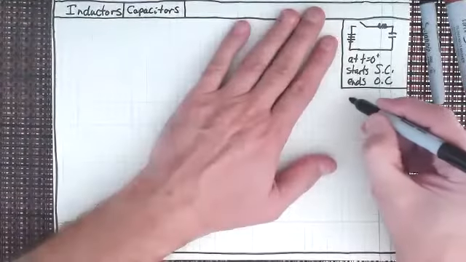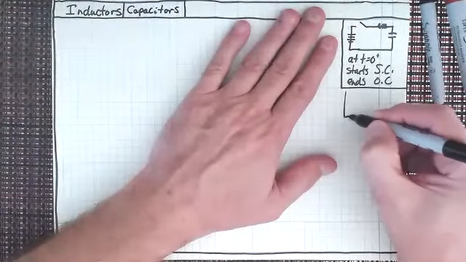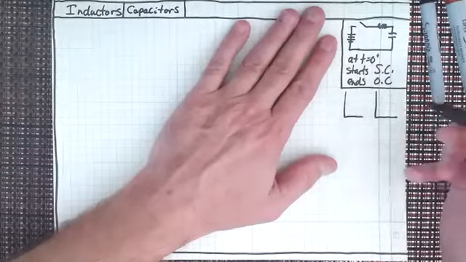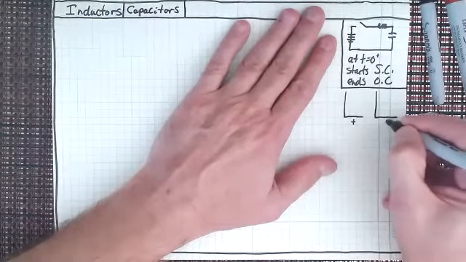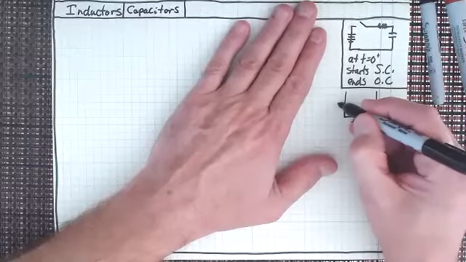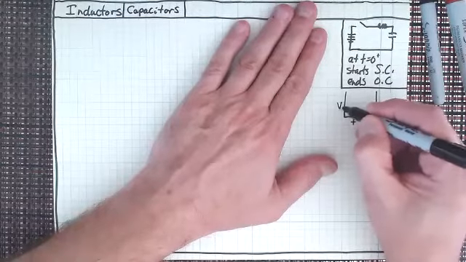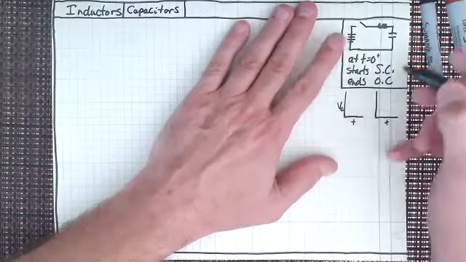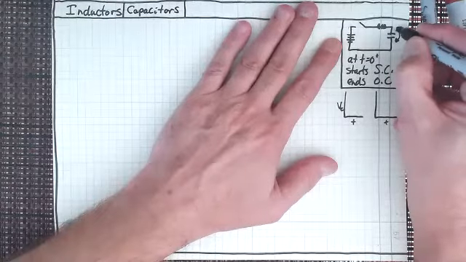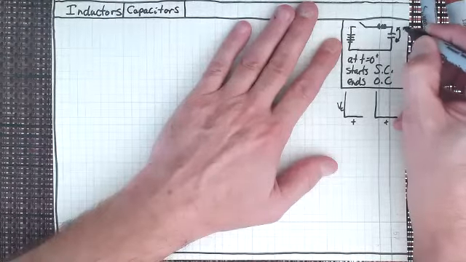So if we look at capacitors, we've got two different types of graphs here. Both of these are time on that scale. And then if we're looking at voltage across the capacitor, right? So here's my voltage across the capacitor.